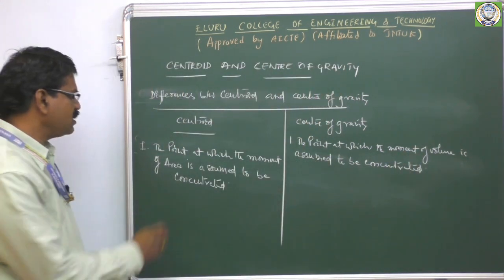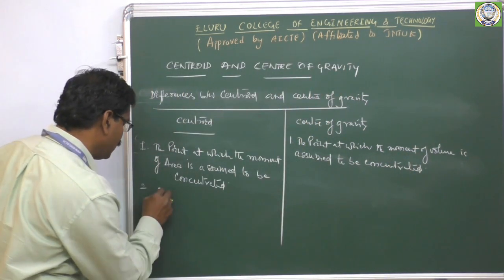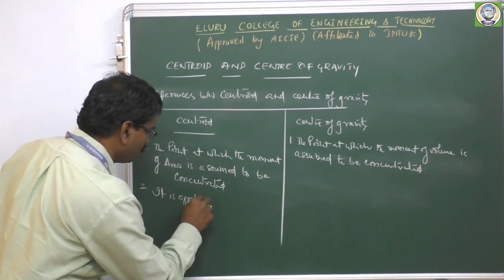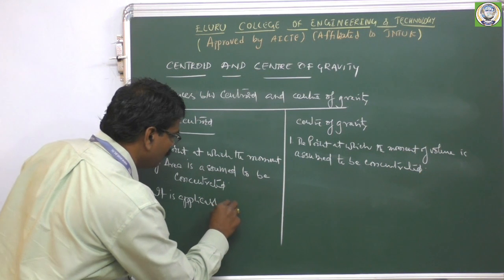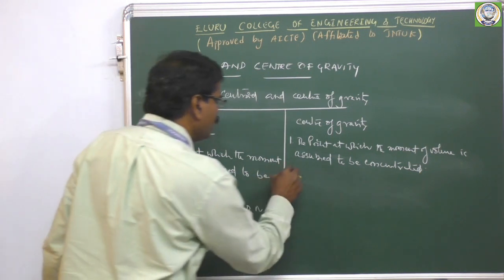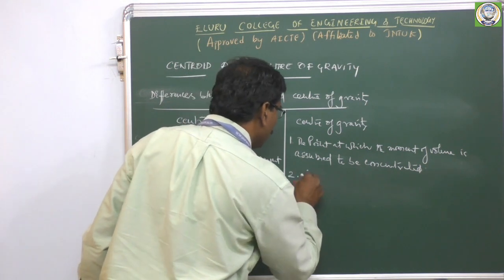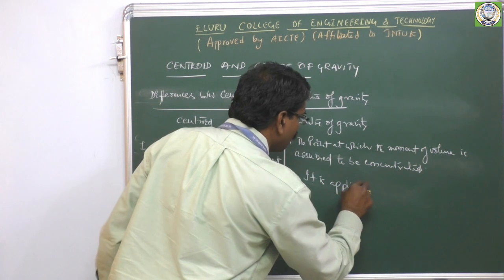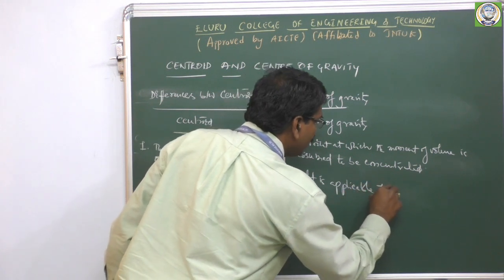The second difference in centroid is it is applicable for one-dimensional or two-dimensional. The second difference in center of gravity is it is applicable for three-dimensional.